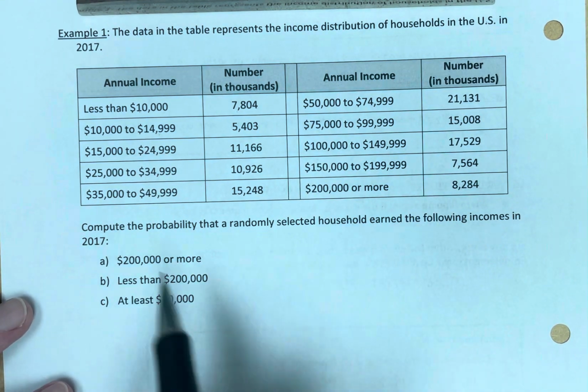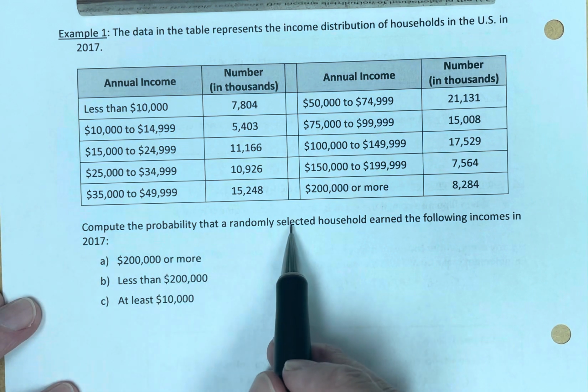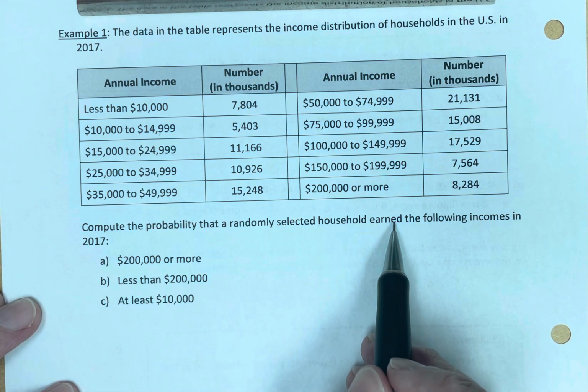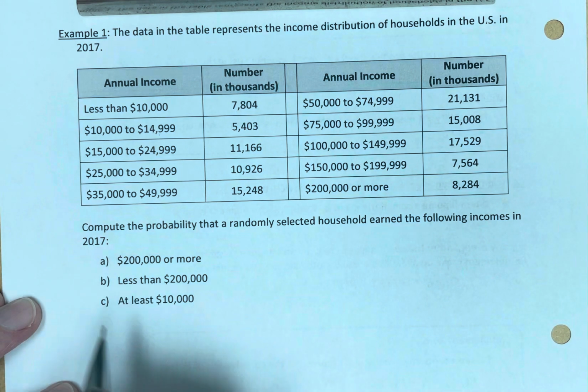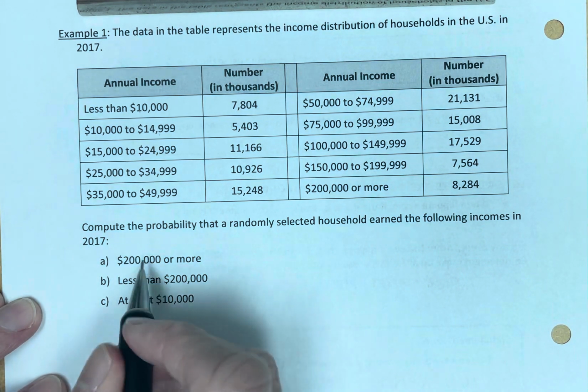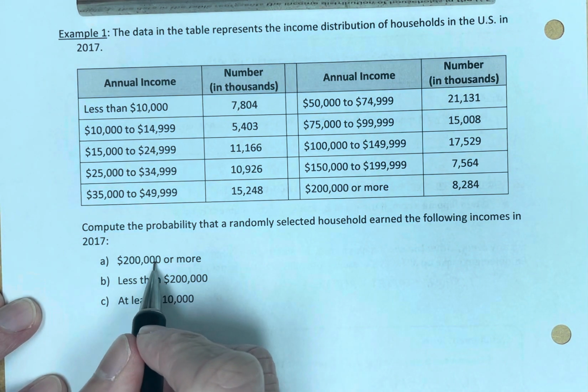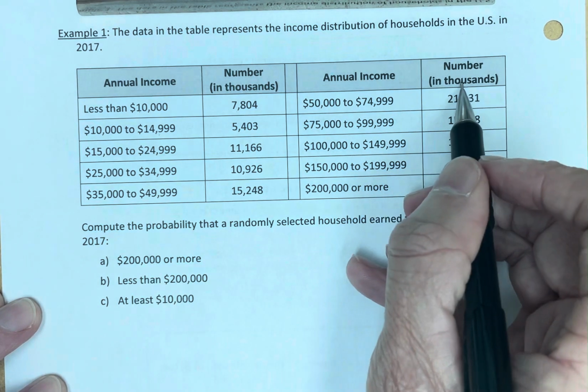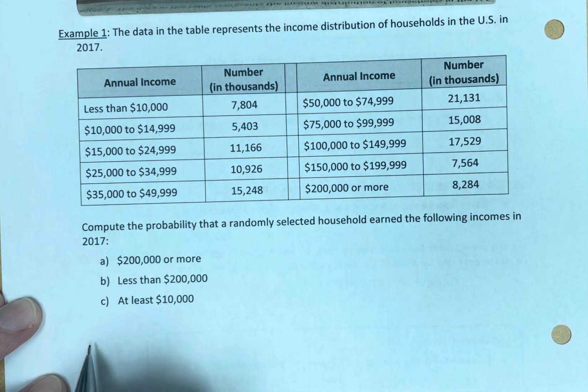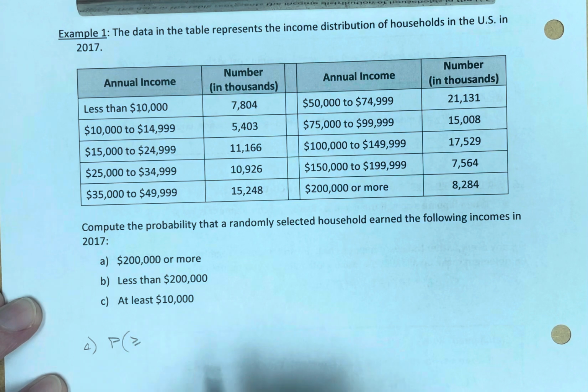Compute the probability that a randomly selected household earned the following incomes in 2017. Letter A, probability of $200,000 or more. So the probability of greater than or equal to 200,000.